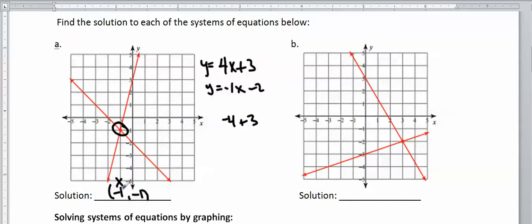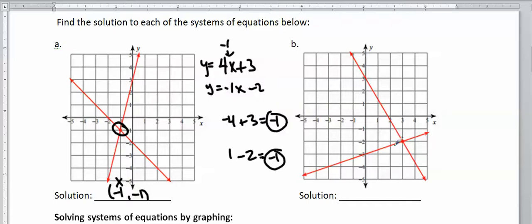And if I plug the same x into the second equation, I'd get +1 minus 2. The outputs should both be the same because they meet at this point. So -4 plus 3 is -1, and 1 minus 2 is -1. So the output is exactly the same if I put in -1 for both x's, right? Which is what I want. I want the solution to be the same.